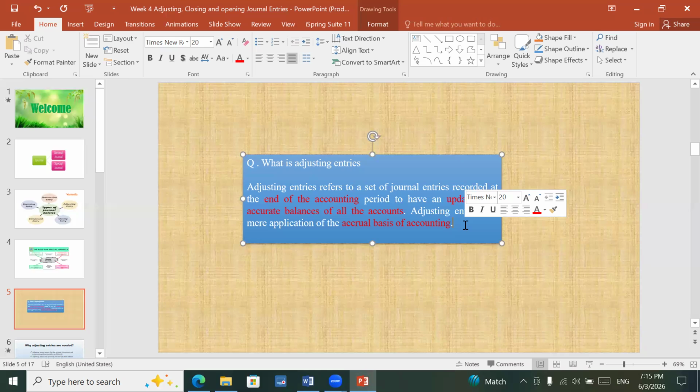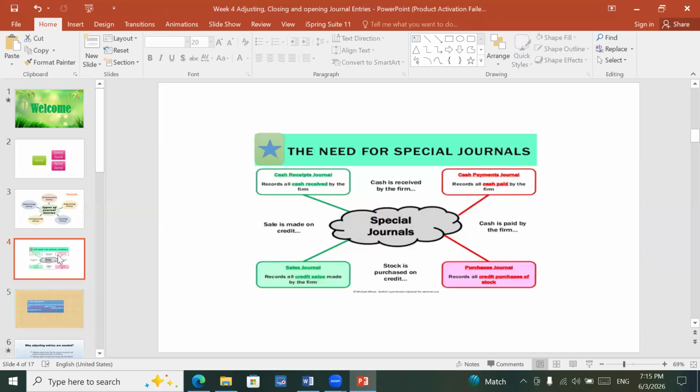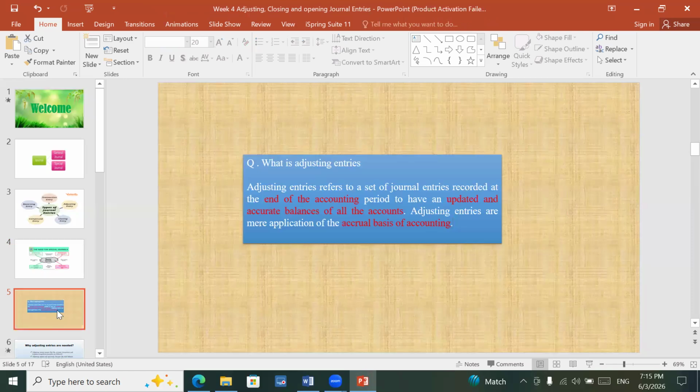These are the three main criteria to be adjusting entries. There is a special journal, no need. Before class, I discussed another definition of adjusting entry. It is the same definition in the previous slide and the current slide.